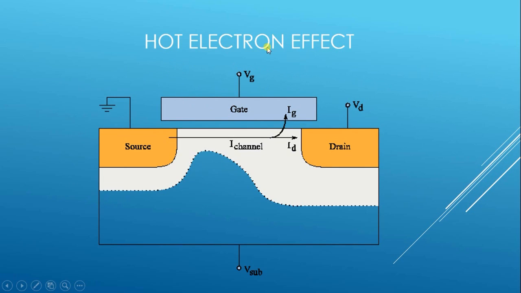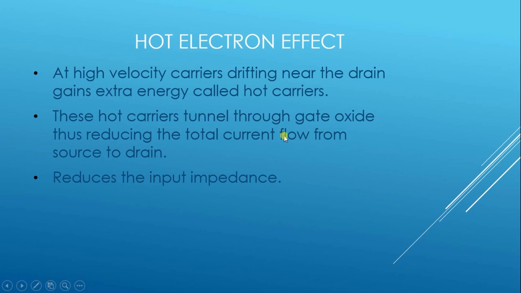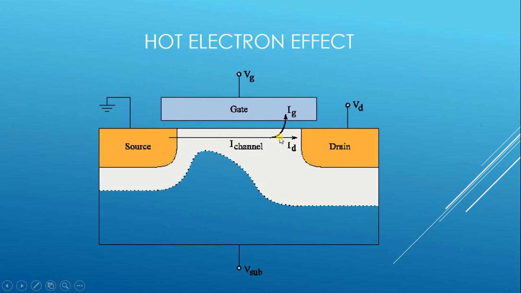Then we have the hot electron effect. As I told you, now in short channel, the electron moves in a zigzag path, and at some point it goes up.